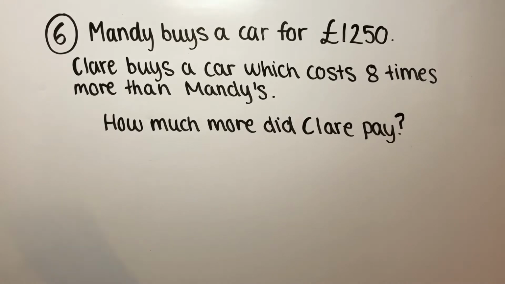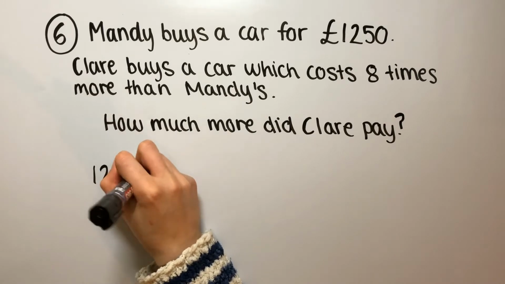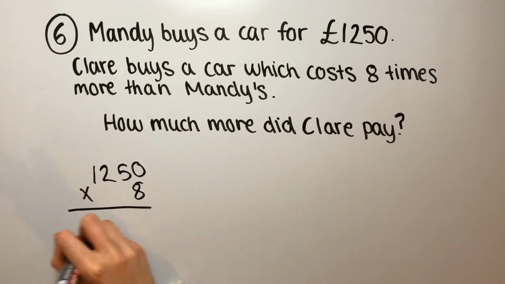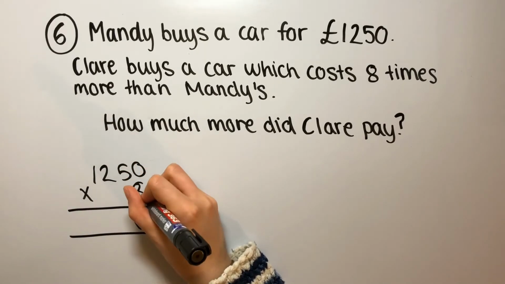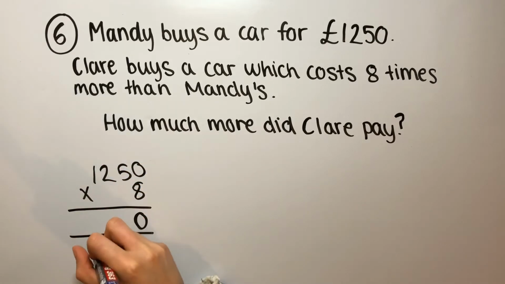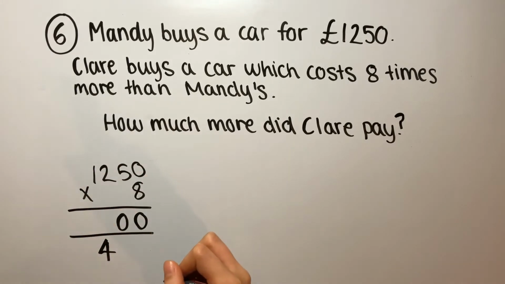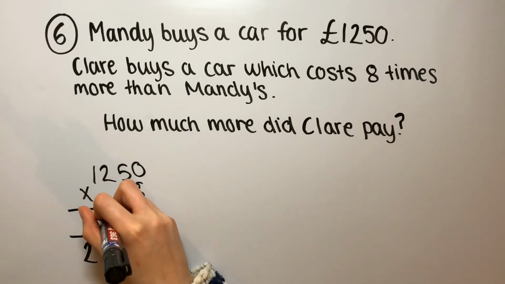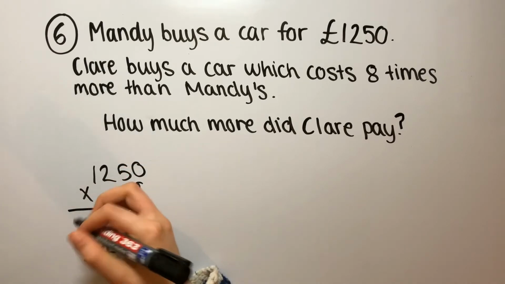And to do that, we will do 1,250 times by 8. 8 times 0 is 0. 8 times 5 is 40. 8 times 2 is 16, plus 4 is 20. 8 times 1 is 8, plus 2 is 10.